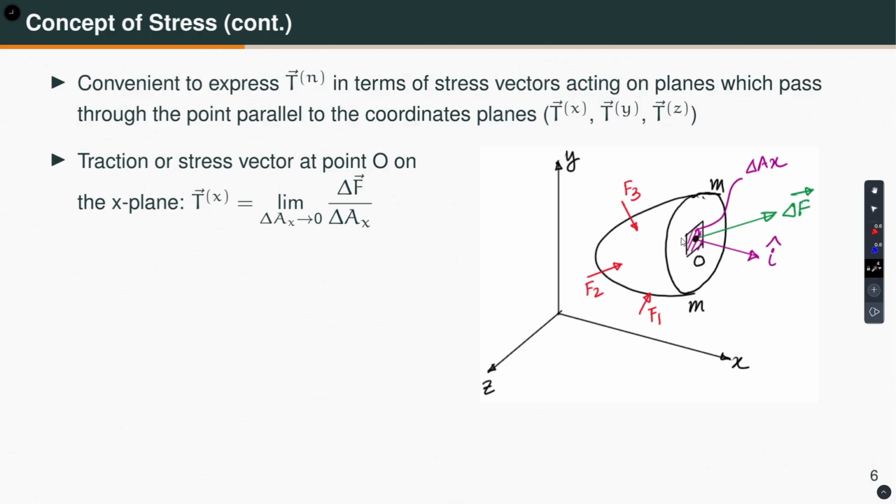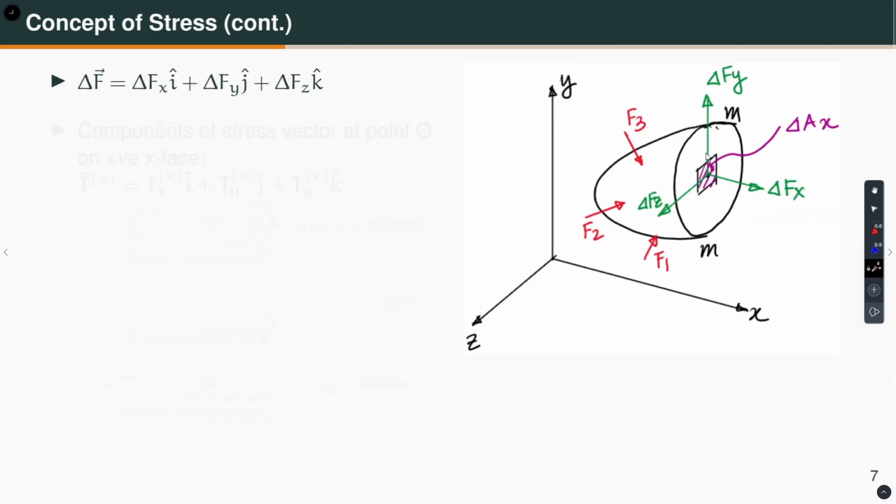So, similarly, as we have defined the traction vector T n or stress vector T n, we can define T x as limit delta A x tending to 0 of delta f divided by delta A x, same as before, except that now the plane is parallel to the yz plane. Okay. We can take this delta f and write it in terms of its rectangular components. How? I can say delta f consists of delta f x, the x component, delta f y, the y component, and delta f z, the z component.